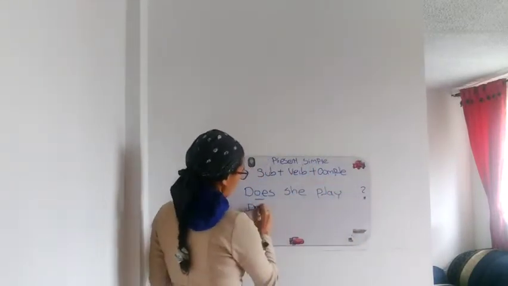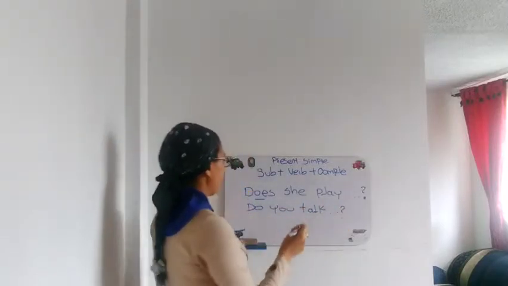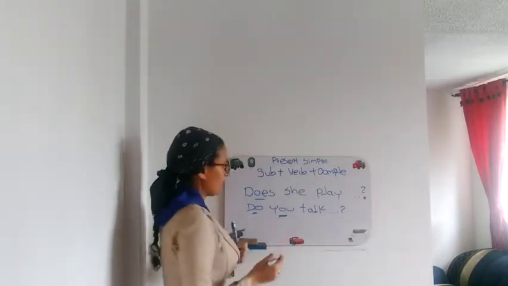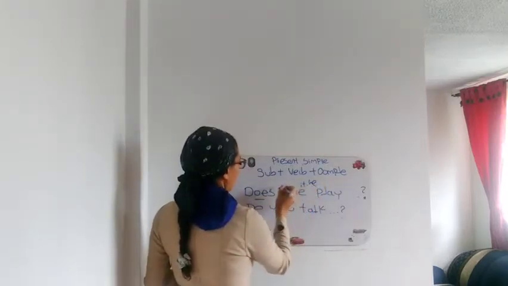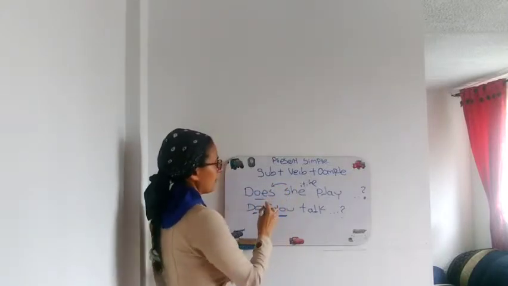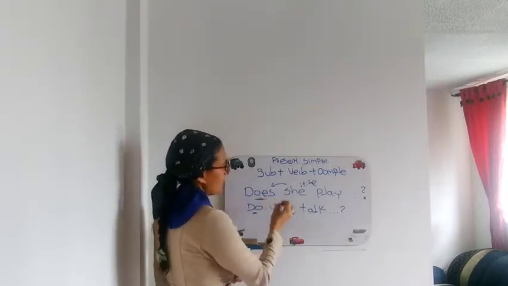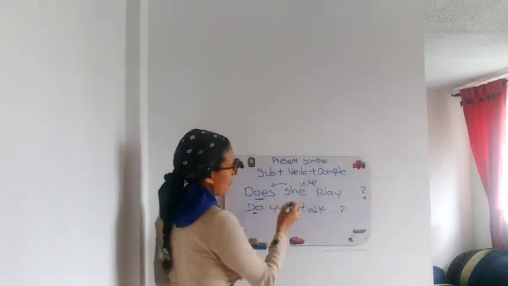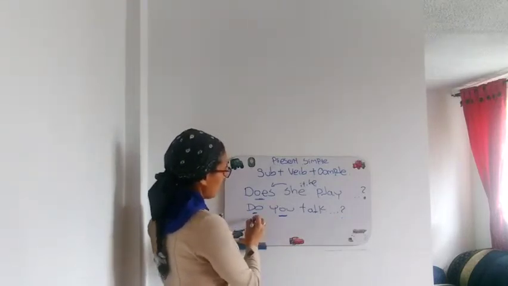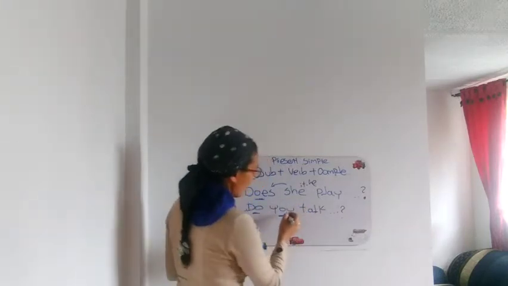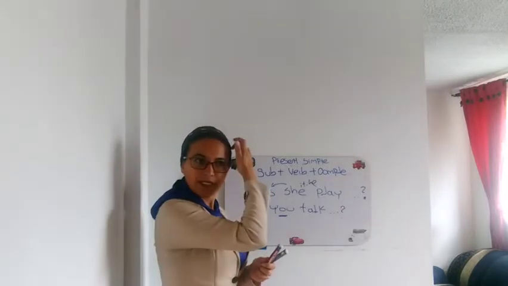Another example, do you talk, etc. Use do for another pronouns. She, remember, it, or he with does. When you is question, you use first does, then subject, and then verb plus complement. In this case, you use do for another pronouns, verb plus complement. Any questions? No. Okay.